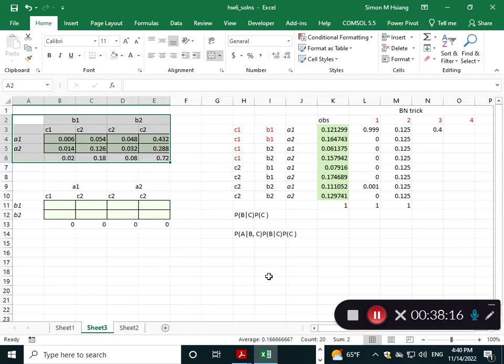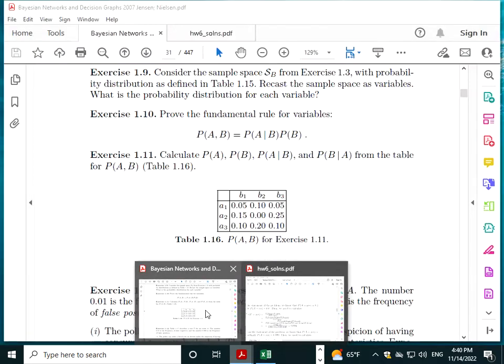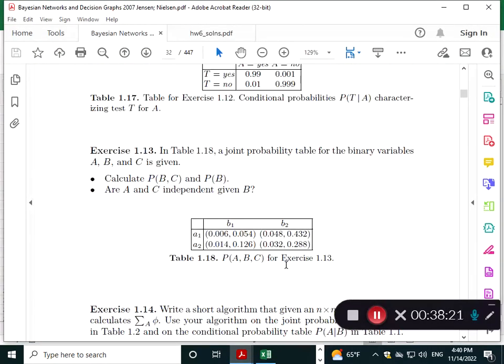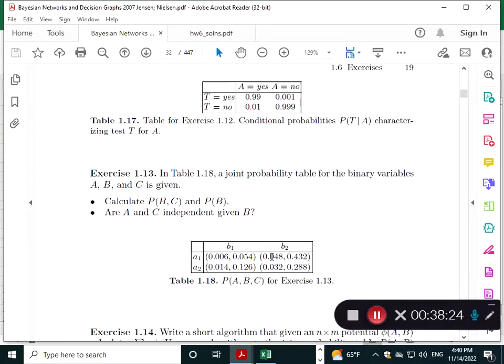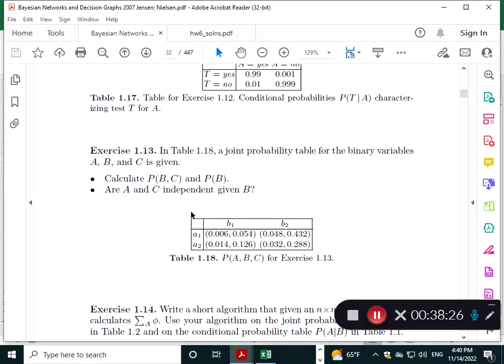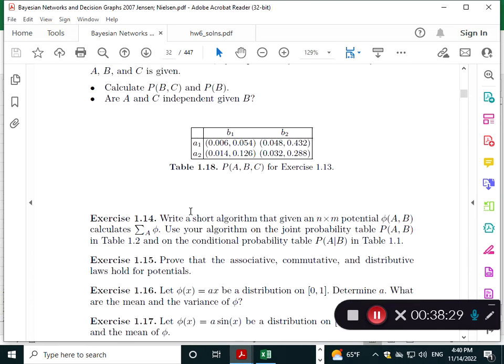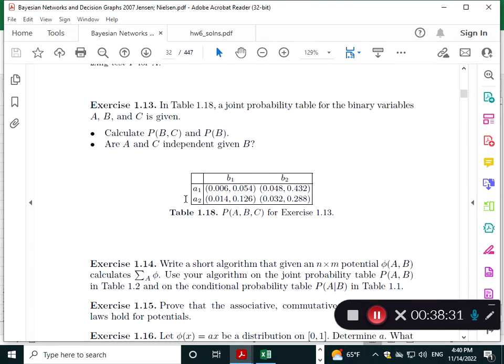Okay? Now, the next thing, let's look at the problem, what it asks. The question on this one is, are A and C independent given B? Okay? What does that mean? That's the question, right?